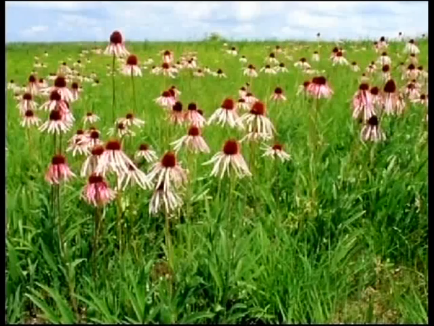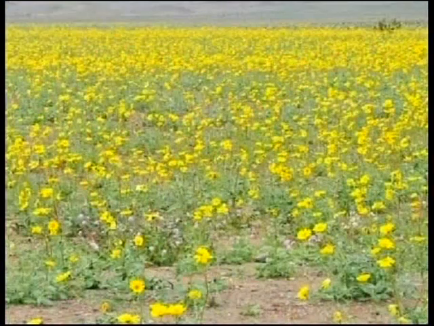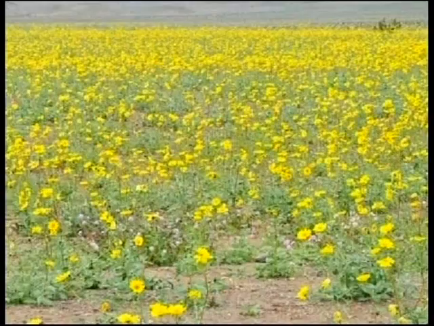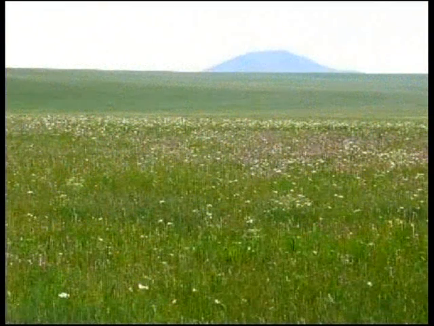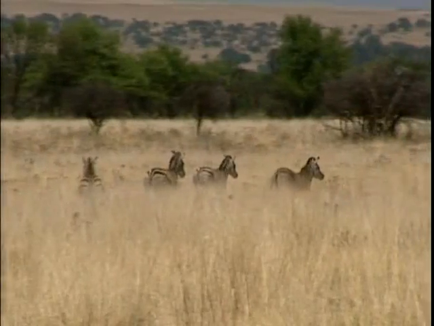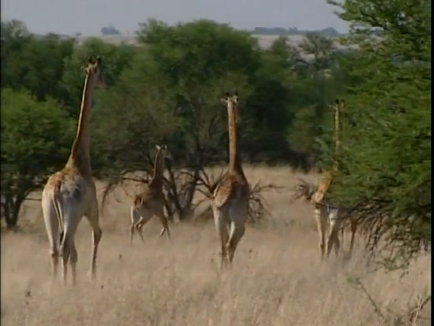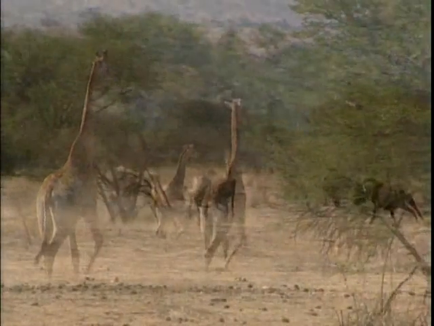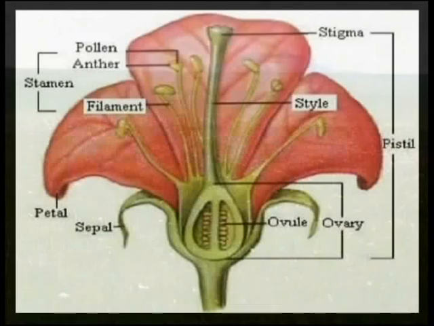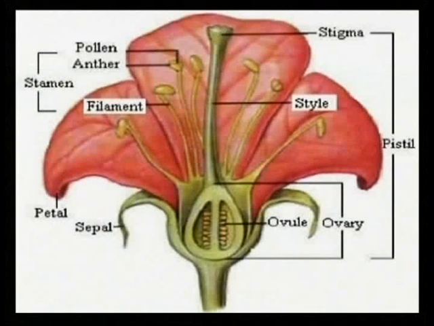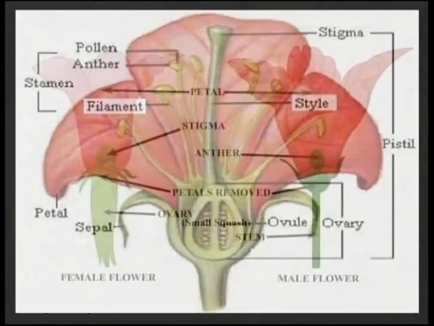Other than providing beauty to the surroundings, flowers play an important role in a plant's life cycle. Unlike animals, plants cannot move from one place to another to find their mates. So, the flowers help the plants to reproduce sexually.